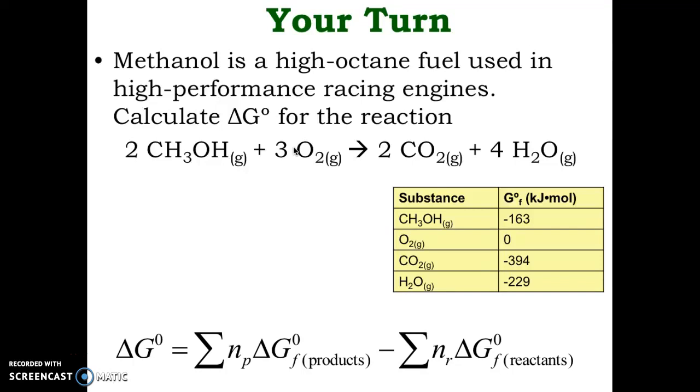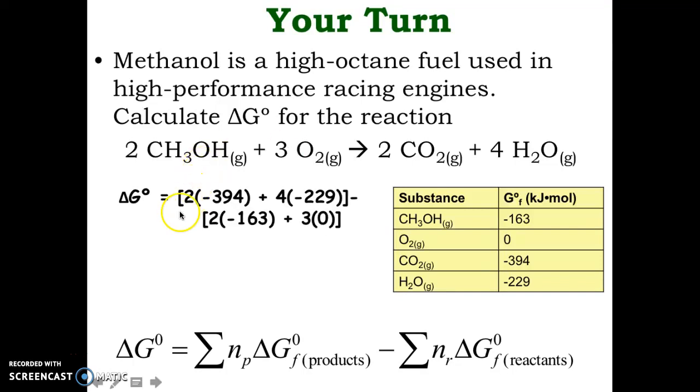So I take my products, CO2, which is negative 394 times 2, add that to H2O, negative 229 times 4, minus my reactants, methanol, negative 163 times 2, and add that to oxygen, but oxygen, of course, is 0. Taking into account how many moles there are, I get negative 1,378. So that's another way that I can calculate delta G.